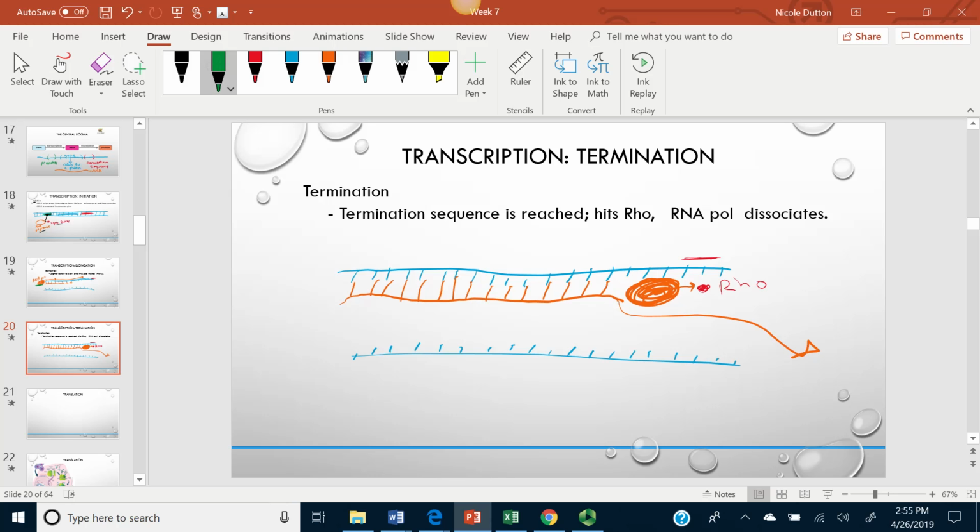So remember, if we're talking about the regions here, we had the promoter region here, we had the gene of interest here, then we had this termination sequence. And inside of the termination sequence sits Rho, and as soon as RNA polymerase bumps into Rho, this whole thing dissociates, and the messenger RNA that was produced goes off to a ribosome to be translated.